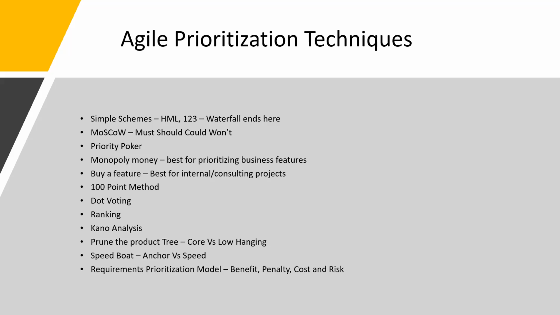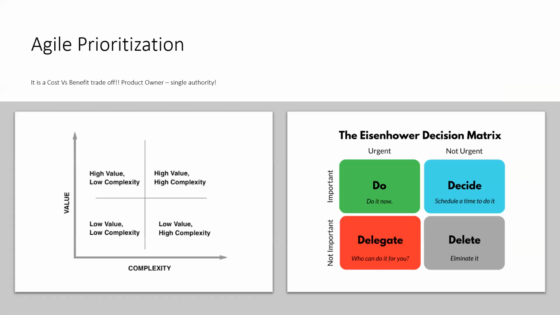Okay, must and should go definitely into my product, whereas could and won't have, you can eliminate them. Whereas could, yeah, you could if you can. So all these four tie back to these two matrices again. Must: do it now. Should: decide what time to do.